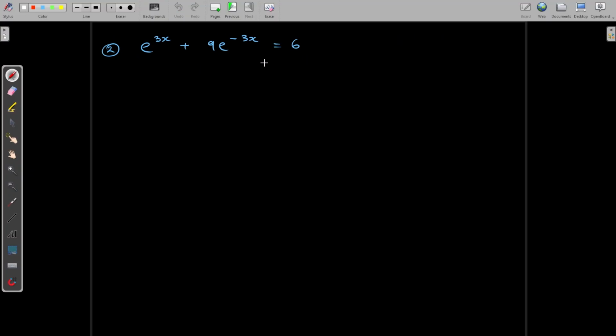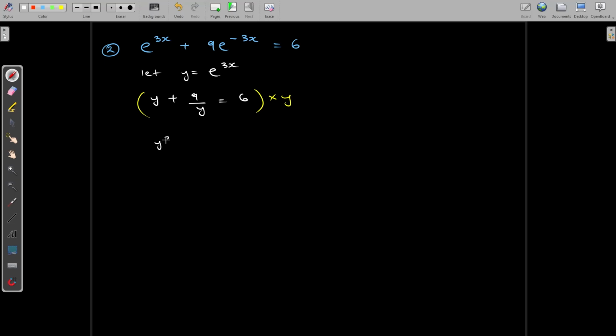All right, let's get through this one. Same approach. Let y be equal to e to the 3x. So in this case, this is just y plus 9 over y is equal to 6. Multiply everything by y.